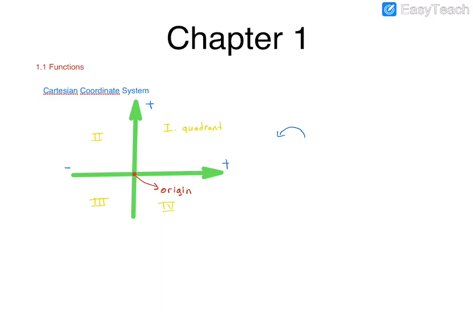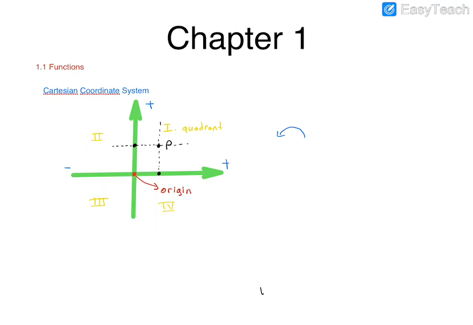Now we would like to assign coordinates to each point in the plane. Given an arbitrary point P, we sketch the horizontal and the vertical line which pass through point P. Let's sketch the whole horizontal line, but the rest is not important, and the vertical line which passes through point P. The intersection point of the horizontal line with the vertical axis is that point, and the intersection of the vertical line with the horizontal axis is that point.